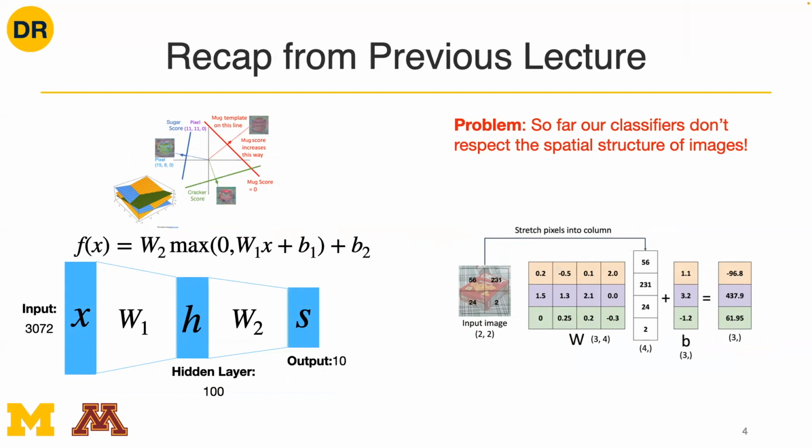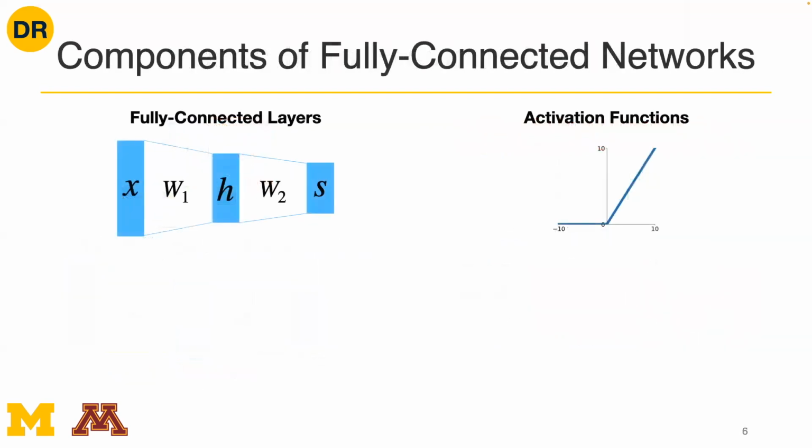In some sense, our classifiers up to this point are ignoring some of the spatial structure that exists inherently within image input. Potentially we could have better solutions, either more computationally efficient, or maybe even representing better classification models, by creating a new neural network operation that tries to respect some of the spatial structure within images. That ultimately is what the convolution layer is going to allow us to do, and it's the focus of our lecture today.